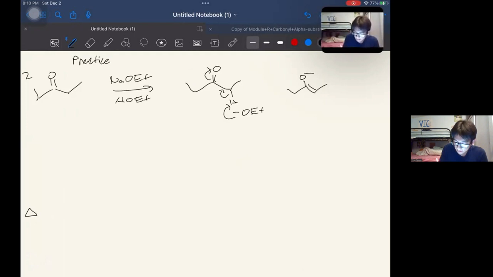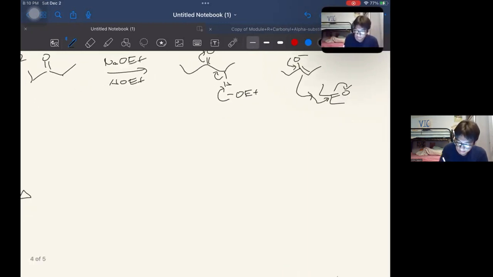The O minus electrons would collapse down, and then the double bond would go out to react with another ketone. Then the double bond would go onto the oxygen. It looks like this. And then the O minus would react with an H.